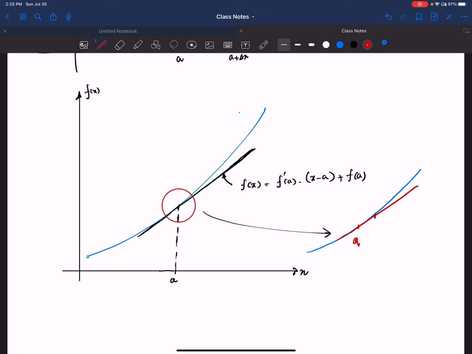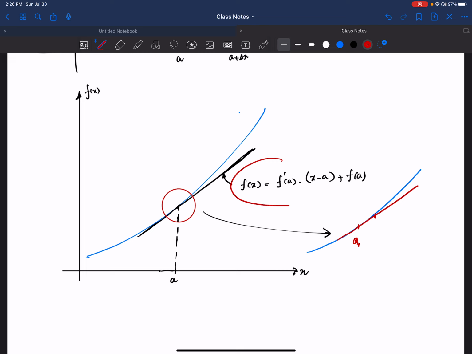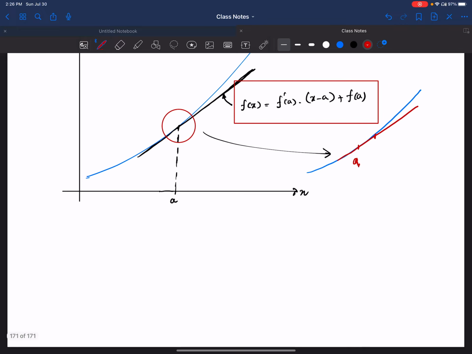So at very close values of a, we can assume that the function can be approximated by the equation of the tangent line.